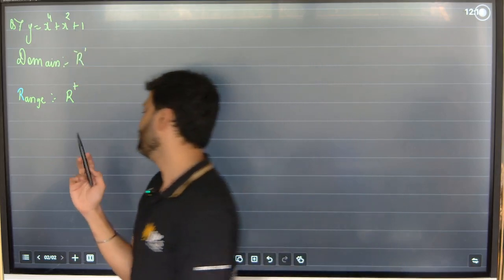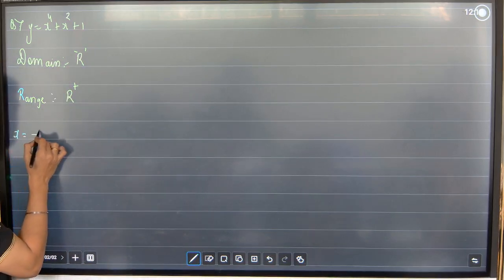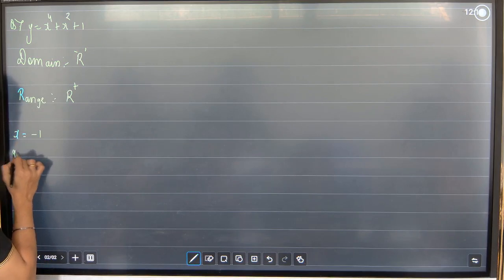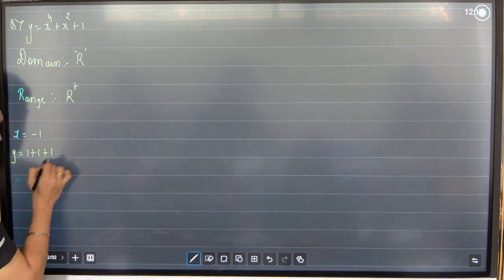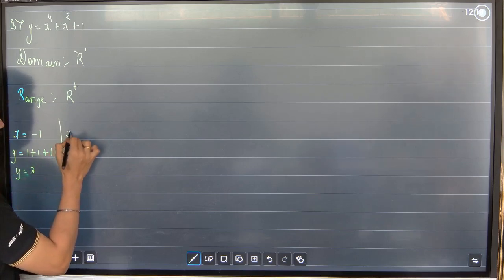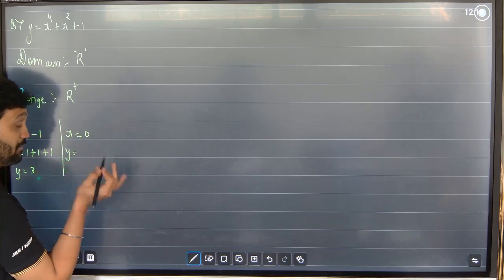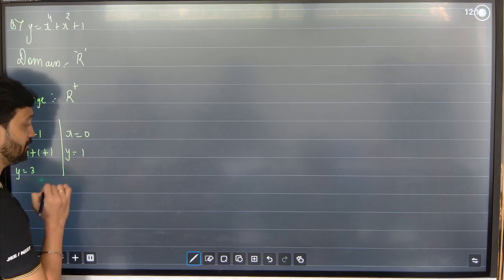I have taken x value as -1. My y will become 1 plus 1 plus 1, so I have got a y value as a positive answer. I will take x value as 0. My y value that I have got is going to be 1.